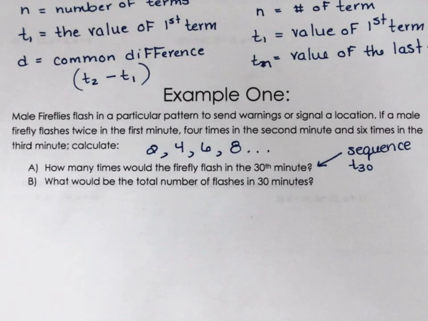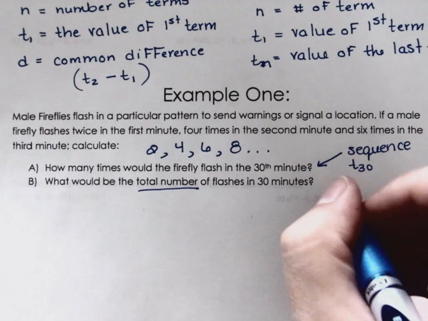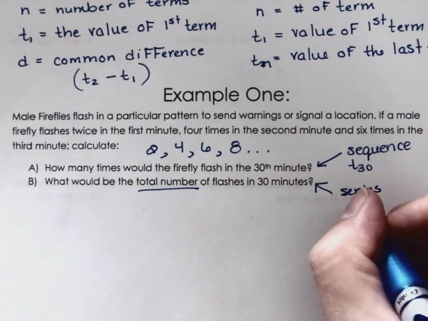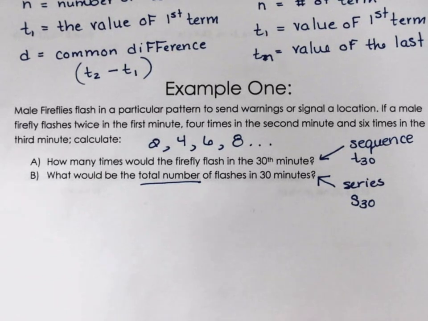Now, if you look at part B, it says what would the total number of flashes be in 30 minutes? That's a series. So it wants the sum of what happened over 30 minutes. That's going to be the more difficult part of this lesson: now that you have more information, you're going to have to make some decisions on what the question is asking you.